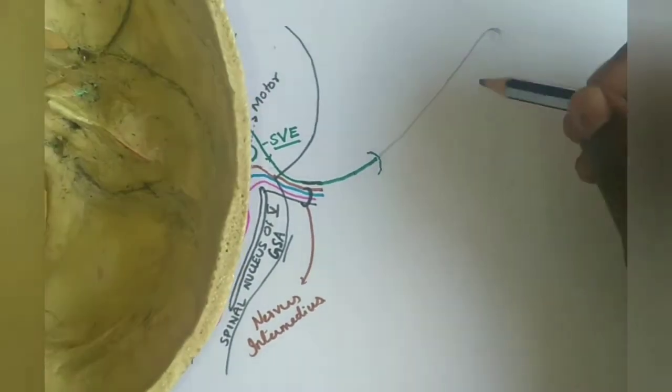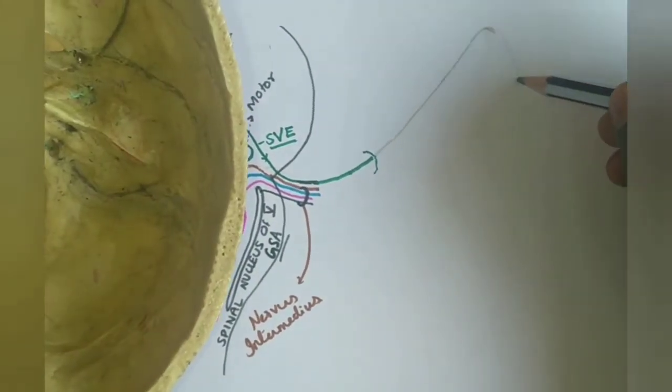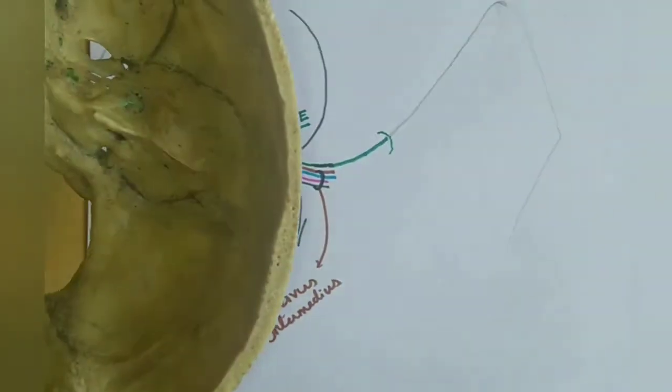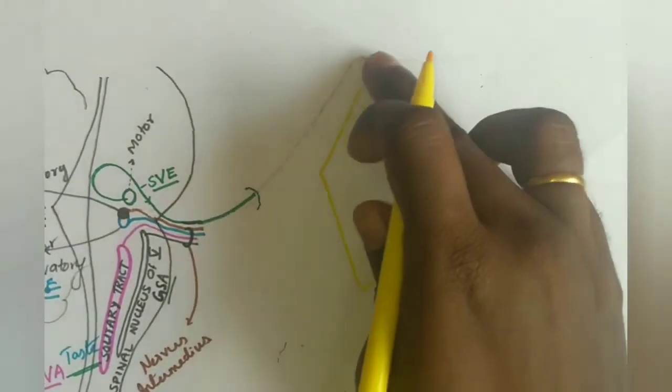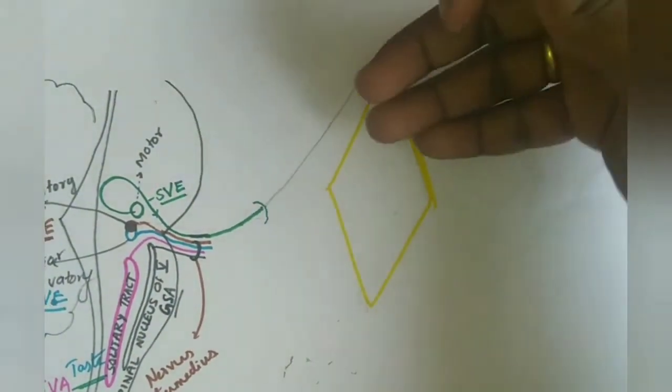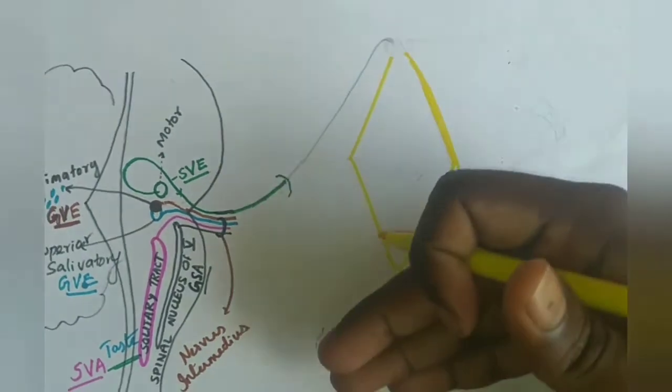Just consider this as the medial wall of the middle ear, as we are drawing the middle ear. This side will be the lateral wall of the middle ear, here will be the anterior wall, and the posterior wall we will remove.